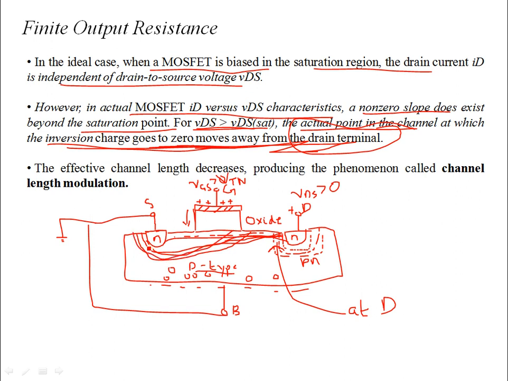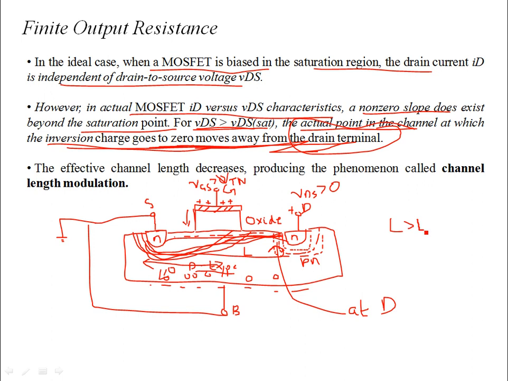So the result is that the channel length, this is the new channel length, let's call this L prime, and your original channel length was this much, taken from the drain where the pinch off would have originally occurred in an ideal MOSFET towards the source. This is your original length L, and you can see L is greater than L prime.